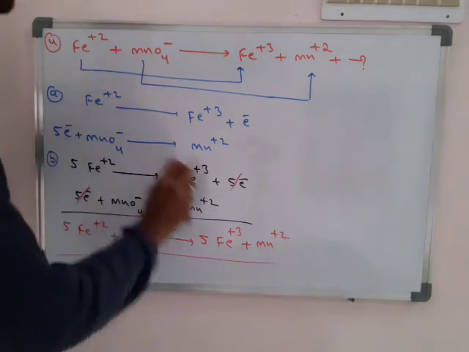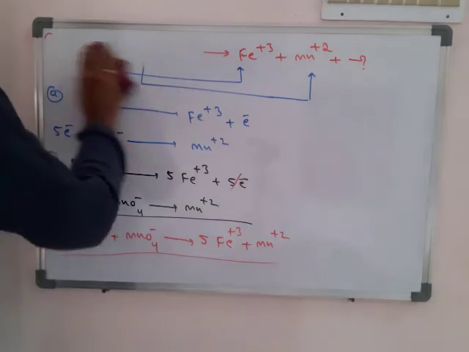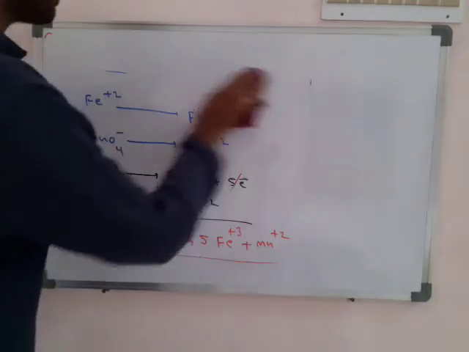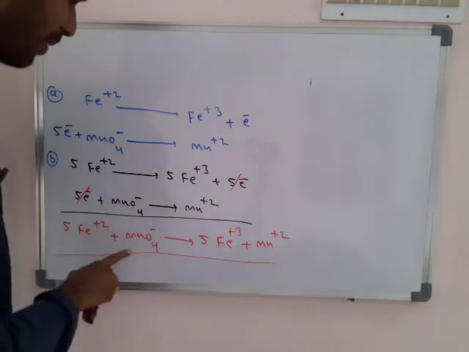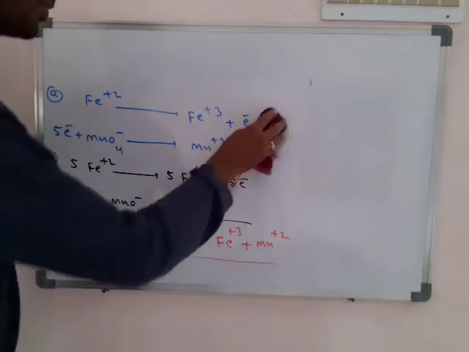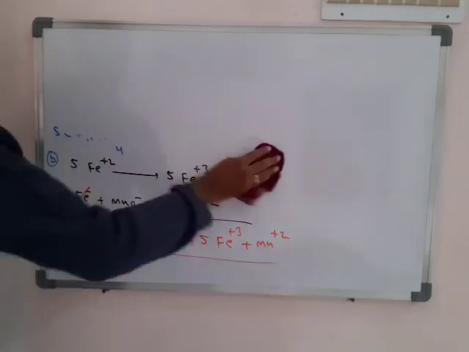So because only in acidic medium does MnO4 minus become Mn plus 2, that is nothing but a clue.